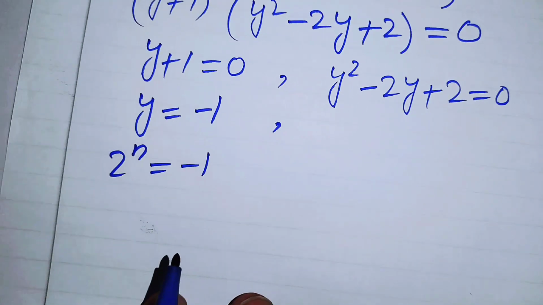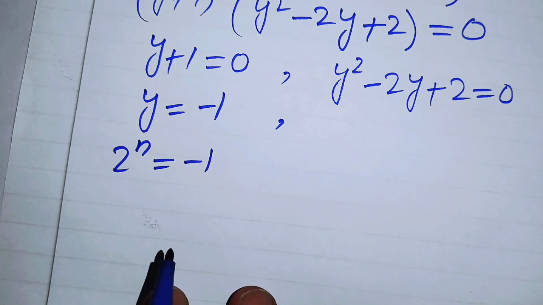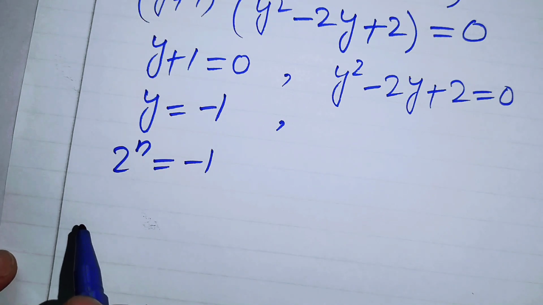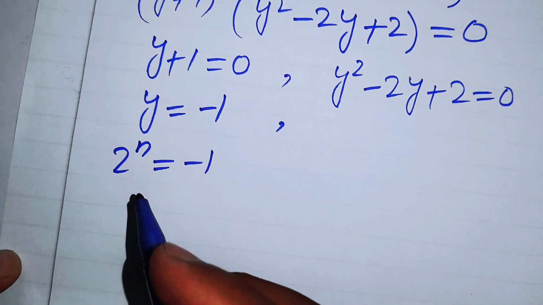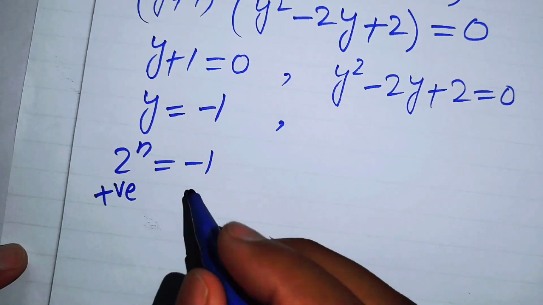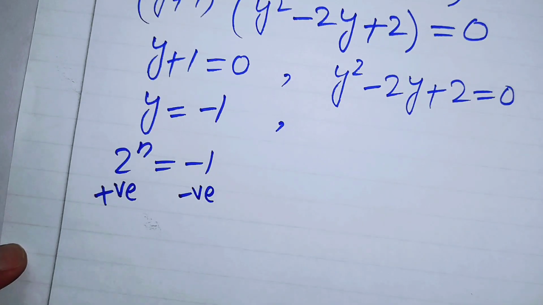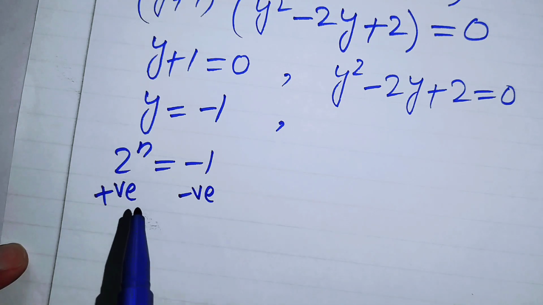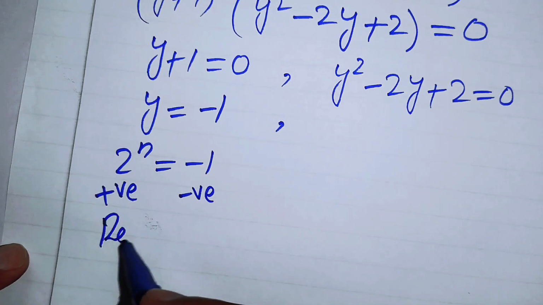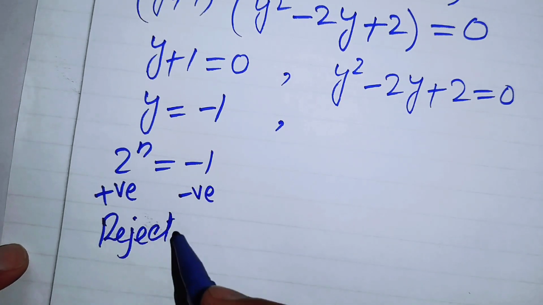Here you focus on both sides and you see that this is an exponential function, and you know that an exponential function cannot give us a negative value. It is always positive and the right hand side is a negative value, so it is not possible for an exponential function to equal a negative value, so we reject this case.